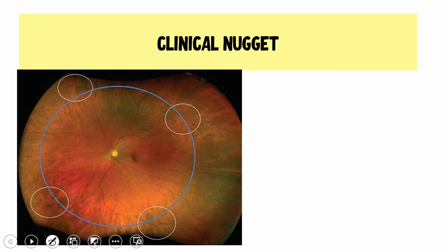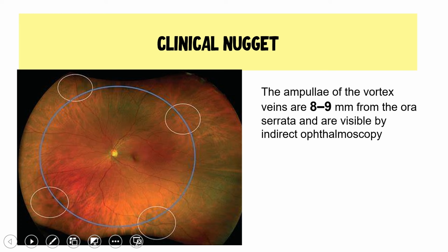Important clinical nugget is with the location of the vortex veins ampulla when seen on an indirect ophthalmoscopy. When you carry out an indirect ophthalmoscopy, the ampulla of the vortex veins can actually be visible, usually at a distance of about 8 to 9 millimeters from the ora serrata.